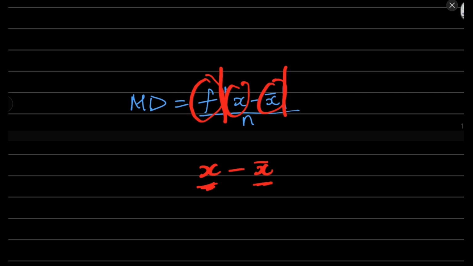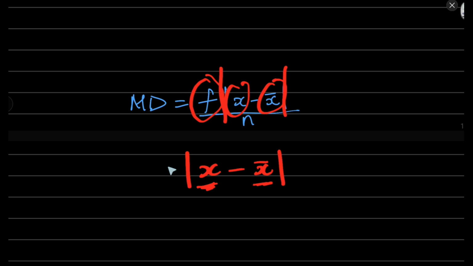And this time around, we're not just considering the deviation from the mean, we are considering the absolute deviation from the mean. So it means that when you take a subtraction, irrespective of whatever its sign is, whether it's negative or positive, it doesn't matter. We just want the value. So that's what we mean by absolute value.